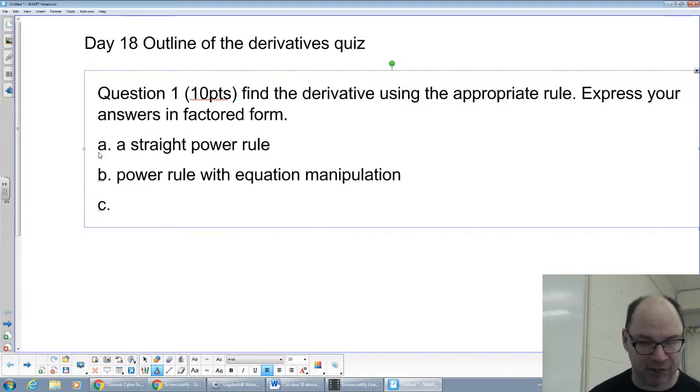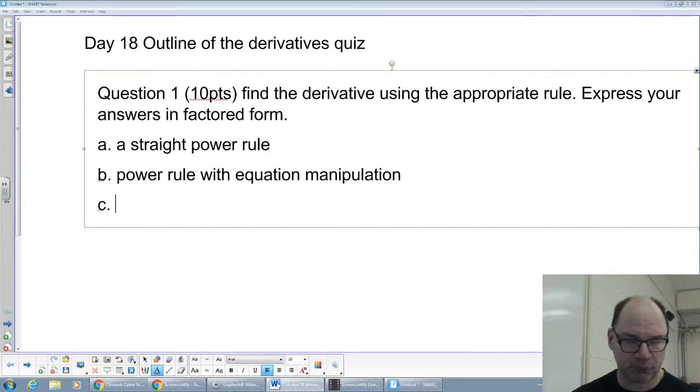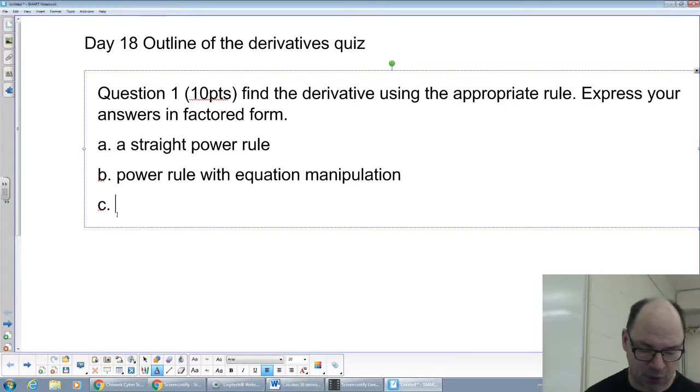I also have in there a simple product rule with two expressions.